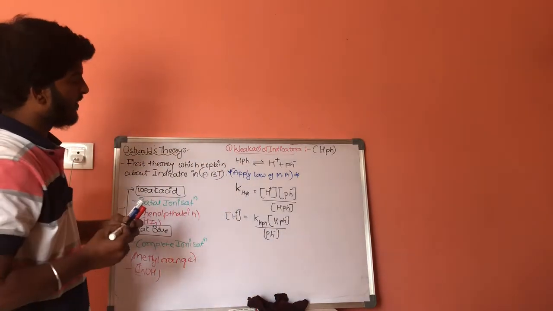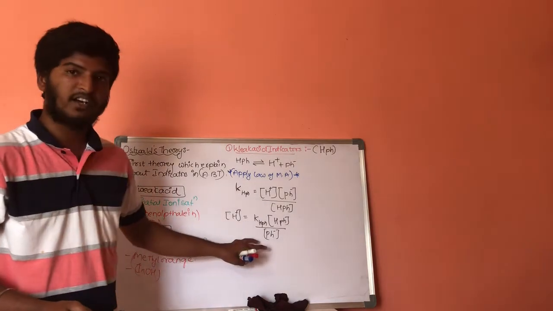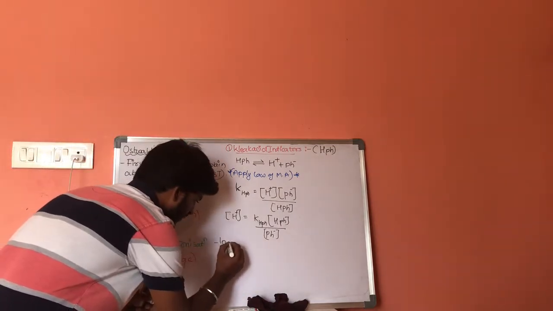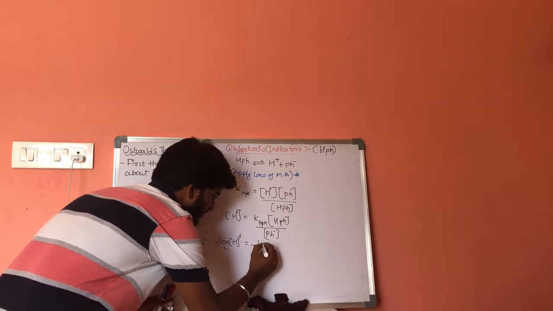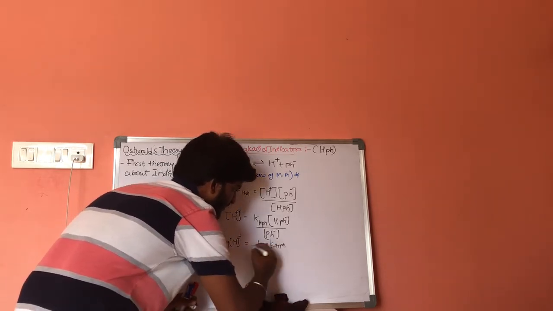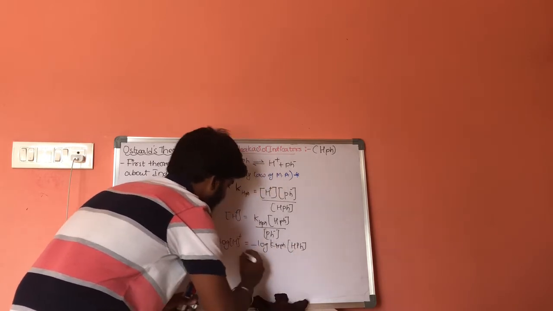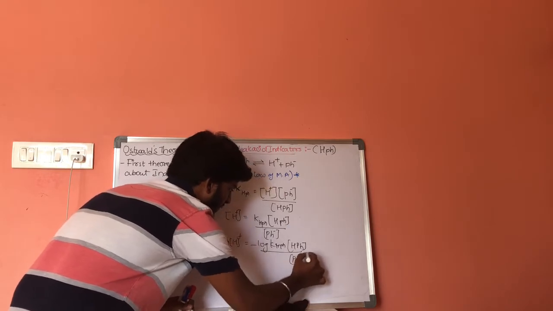Now if we apply negative logarithm on both sides, minus log H plus is equal to minus log K HPh into the concentration of HPh divided by Ph minus.